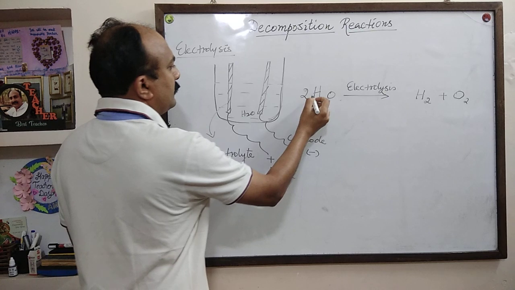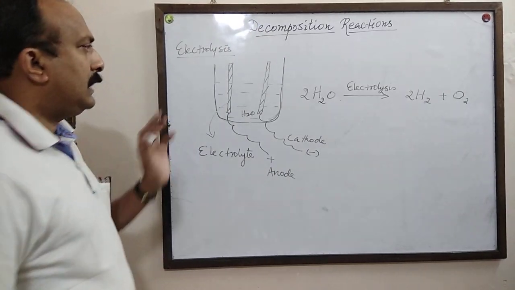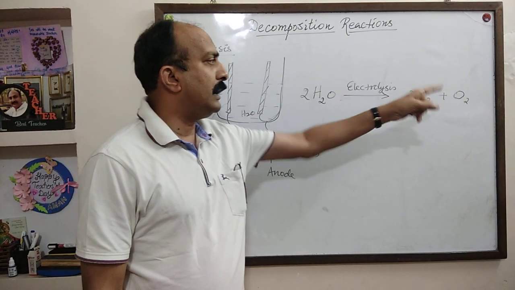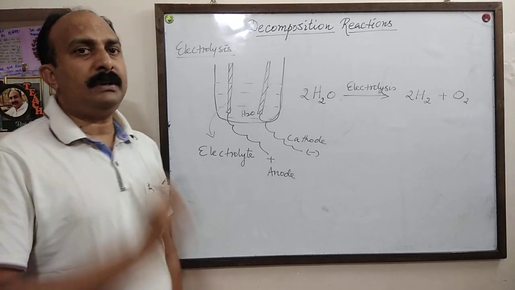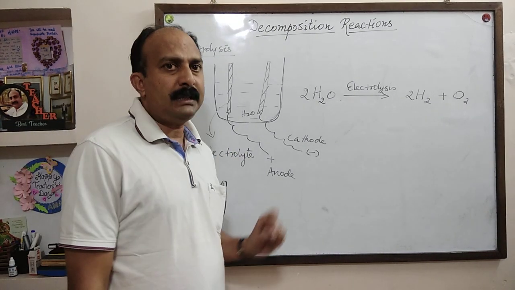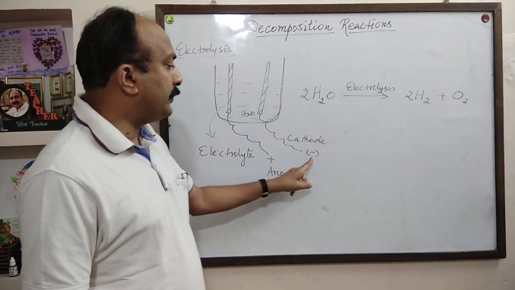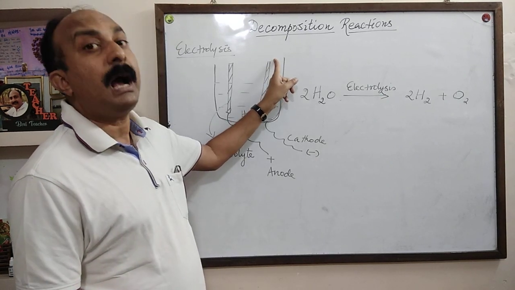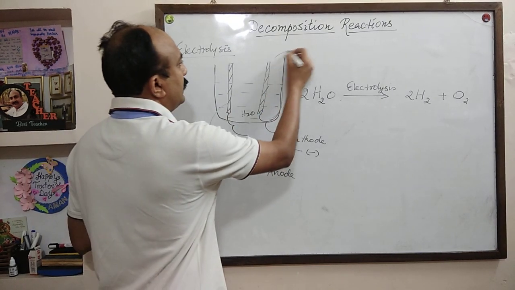Now you can see here, where do we get hydrogen and where do we get oxygen? Hydrogen ions are positively charged. So these positively charged hydrogen ions will always go towards the oppositely charged electrode, that is cathode. So at cathode you will get hydrogen and at anode you will get oxygen.